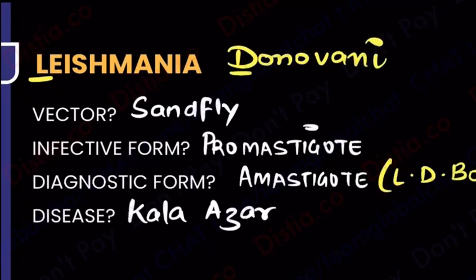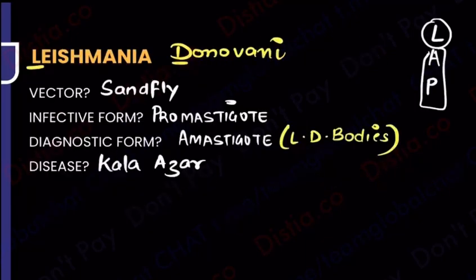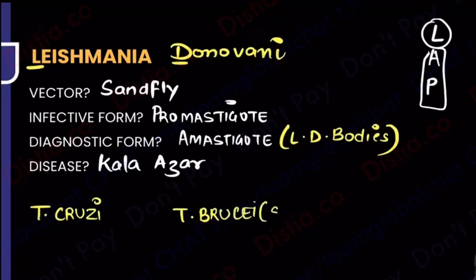So now guys, tell me one thing very quickly over here. The three organisms that I have taught you right now: Trypanosoma cruzi, then the sleeping sickness one, Trypanosoma brucei, and now the Kala Azar one, that is Leishmania. Can you quickly revise their vectors with me? Make a table quickly.